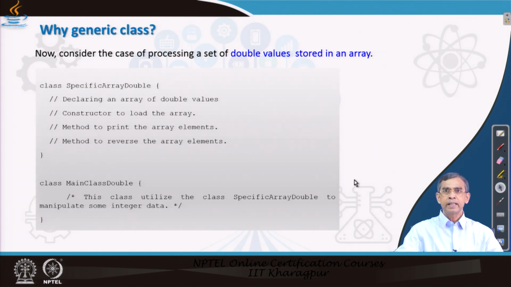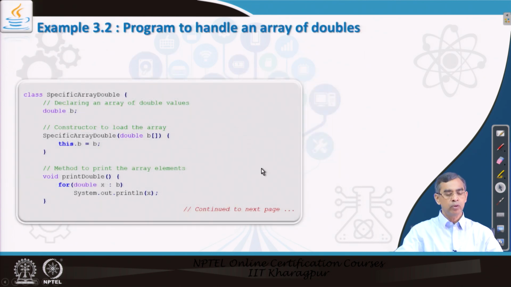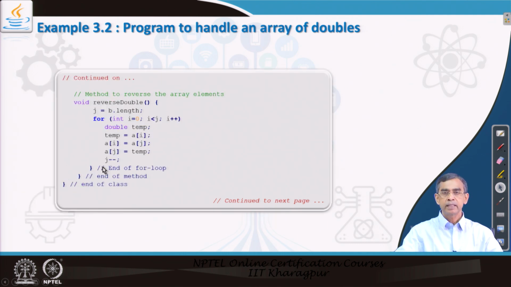The code is very similar to the previous one, and this is the code for declaring the arrays, array element initialization, print method, and then this is the reversing.